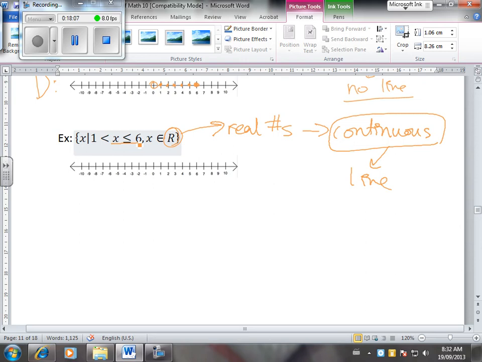So, oh no, sorry, there's the one. I didn't even see that, sorry. So it's greater than 1, less than or equal to 6. So I put in my lower limit, I put in my upper limit, and I draw a line. Because it's everything in between there. It can be 3.5, it can be 4.1, it can be everything in between there.